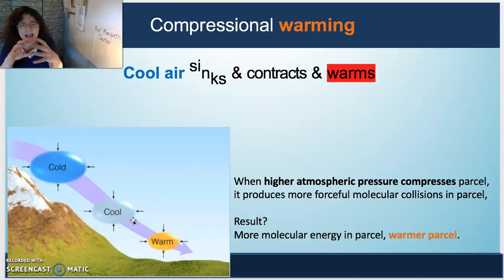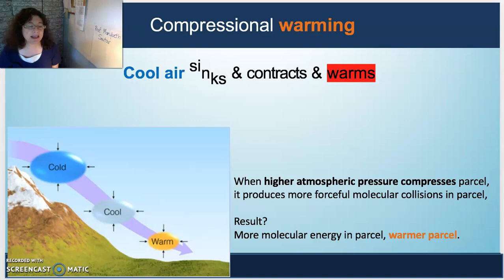They've got less space to move, so they are transferring energy from the walls of the parcel to the molecules themselves. The temperature of those molecules increases. That means that down in the valley, you have this imaginary parcel which is now smaller and warmer. You often see deserts, dry deserts, on the leeward side of the mountain.